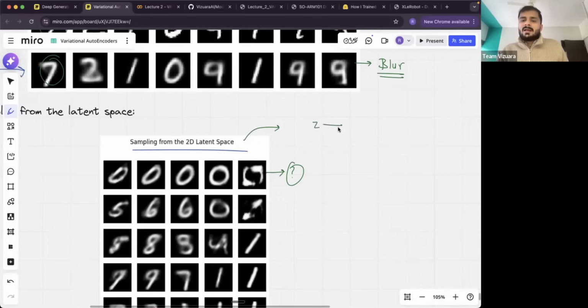So I input one Z value to the decoder and I get an output. If I keep changing my input, I'll get different outputs. But what if I want to condition the output on the digit 1, so that I just want the images to be number 1?